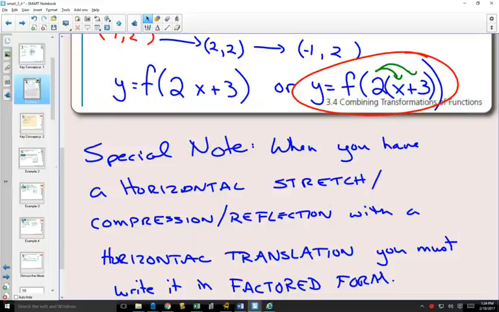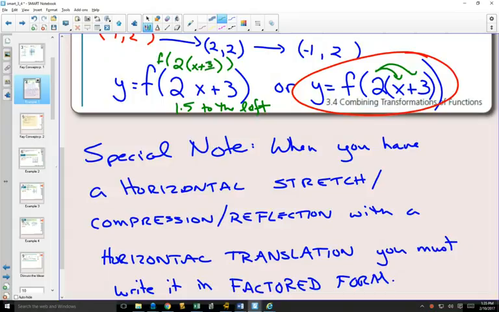This one is actually 1.5 to the left, not 3 to the left, because you would have to rewrite this and factor out the 2. And if I factored out the 2, I'd be left with x plus, well, 2 times what is 3? Is 1.5, or 3 over 2. So that one's only going to go 1.5 to the left.